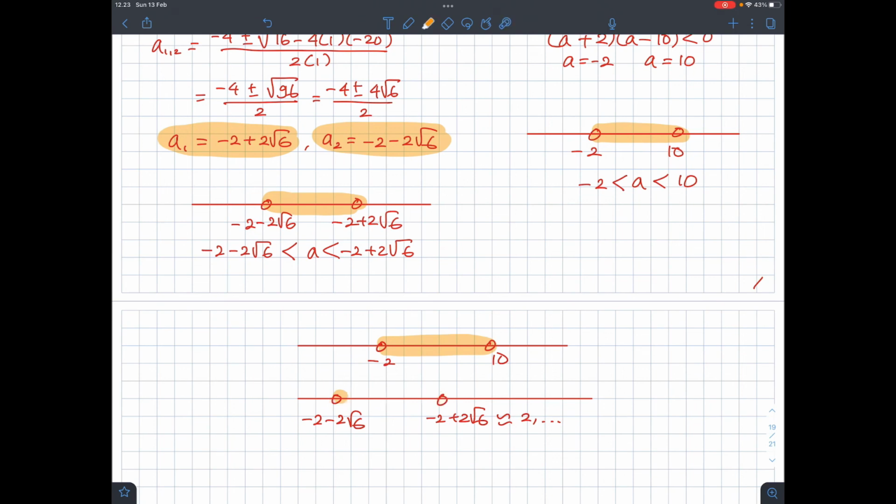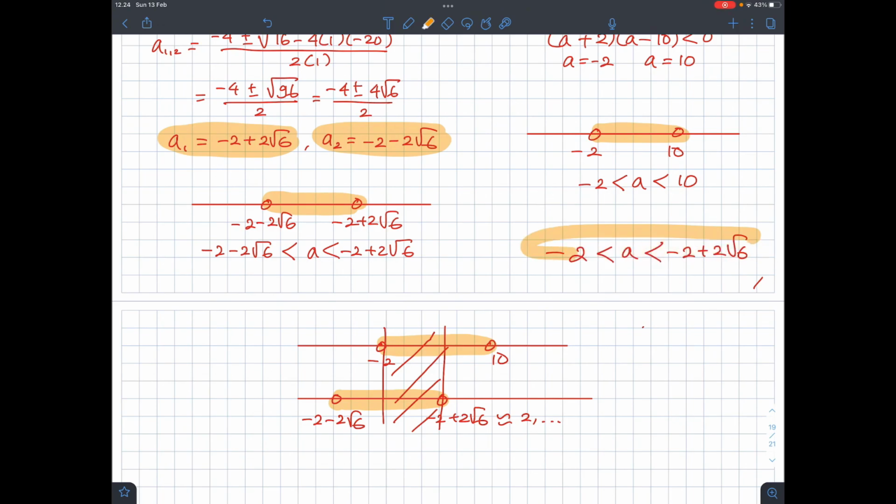The last thing you need to do is find the intersection between these two number lines. So the final answer, the value of a that meets the two requirements, is when a is greater than negative 2 but less than negative 2 plus 2 square root of 6.